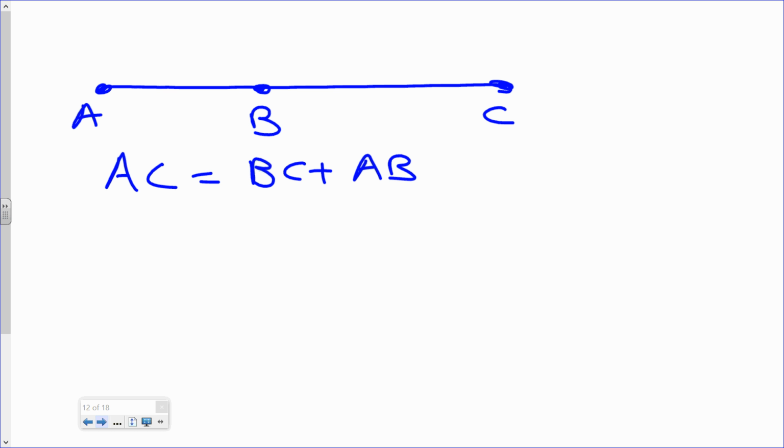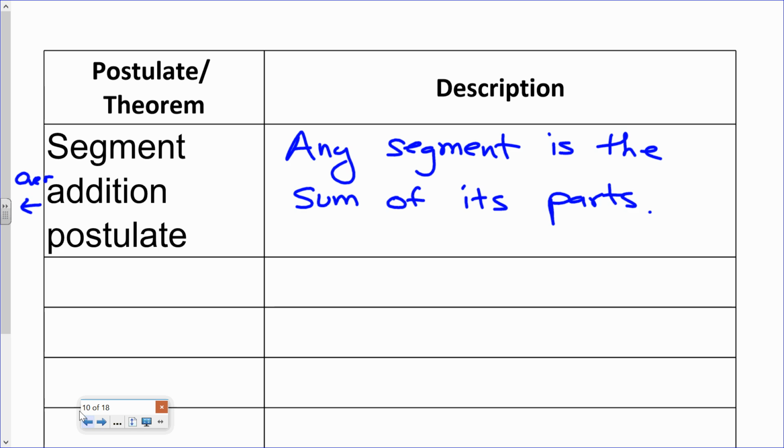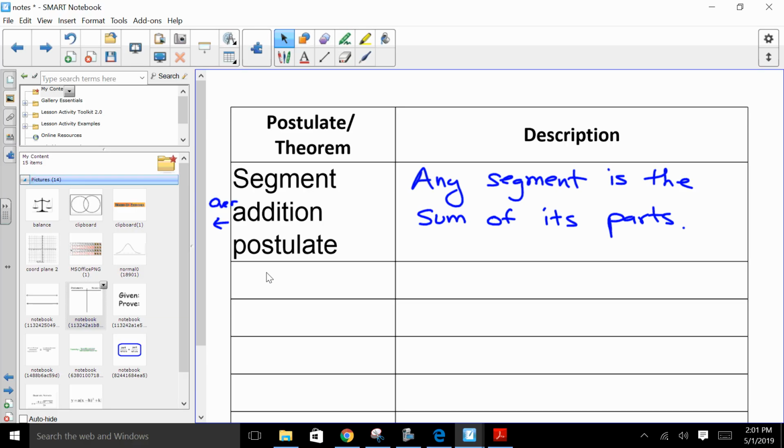No biggie. Let's add one more now. The next one's called the angle addition postulate. The first one's segment addition postulate, the second one's angle addition postulate. Watch. Angle addition postulate.